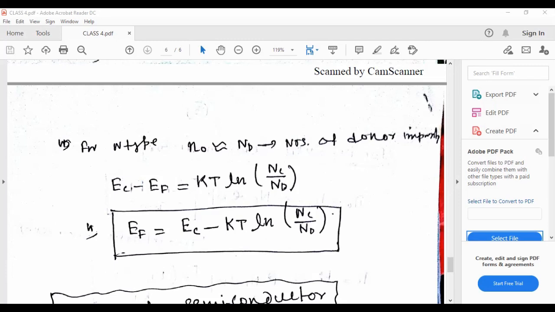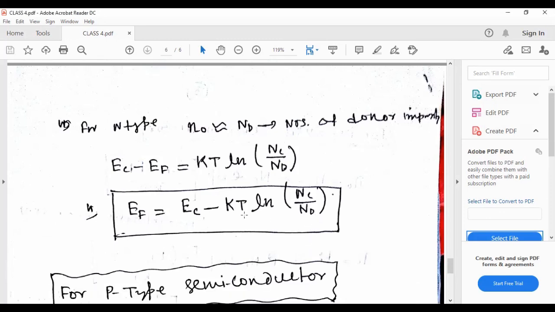We are discussing an n-type semiconductor, so this Fermi level gets shifted towards the conduction band minima. Now this distance from the conduction band to Ef is kT ln Nc upon Nd.